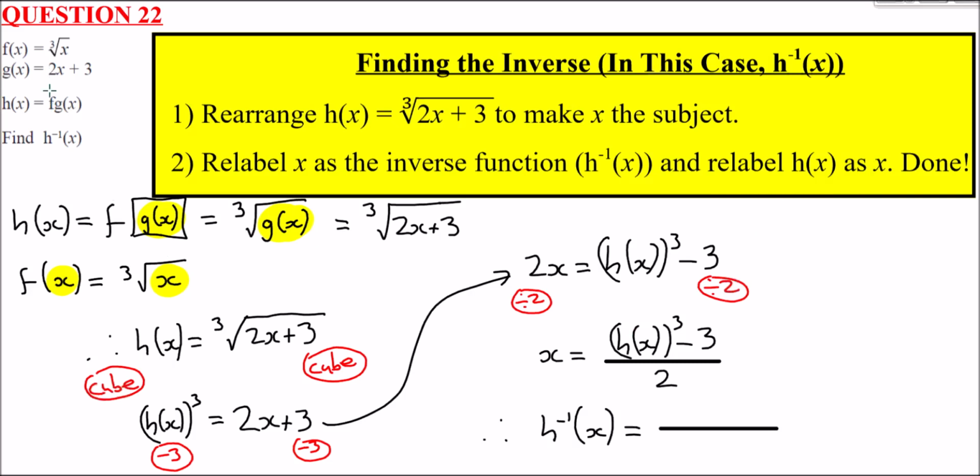When we do these functions, the standard input needs to be x. So rather than this input being h of x, we standardize it to just be x. So whatever x is, the inverse is going to be x cubed, because I'm switching h of x for just x, minus 3, all divided by 2. And that is therefore our inverse function.